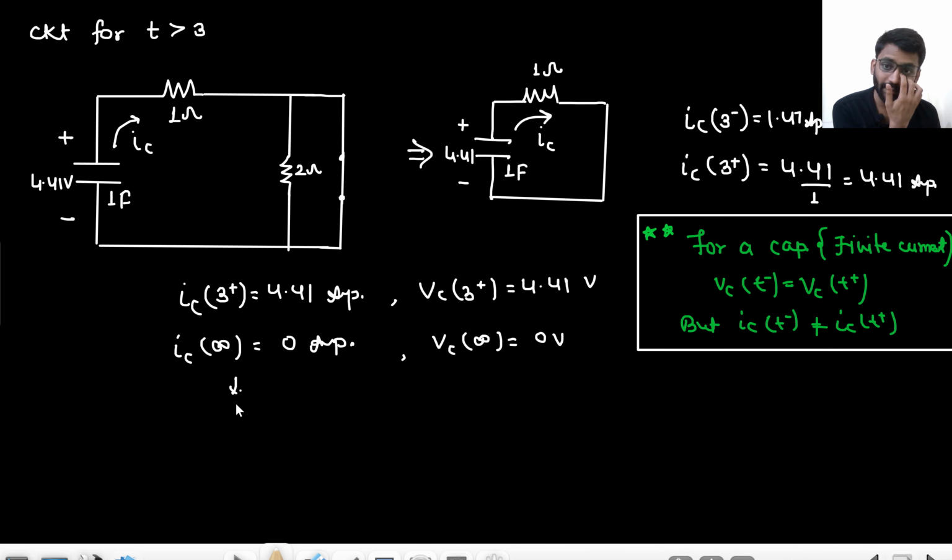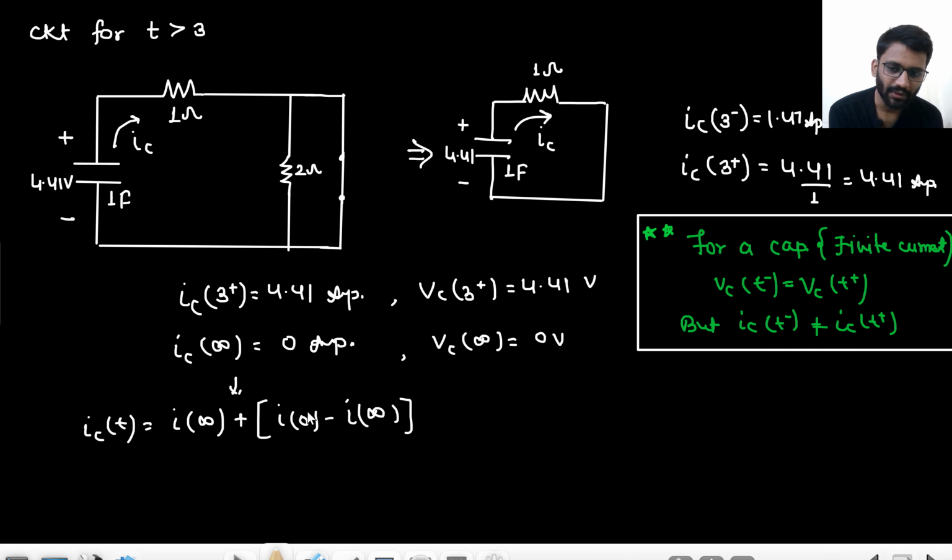So if you want to write down the expression of IC(t), how will you write it? You are going to write from t equals 3 second. Like we have studied this formula: I of infinity plus I of 0 plus minus I of infinity, times e to the power minus t upon tau. Now this can be modified. Infinity will remain infinity.